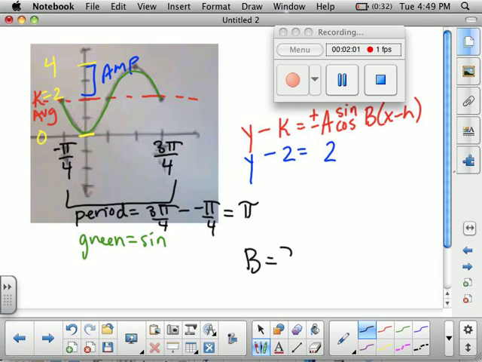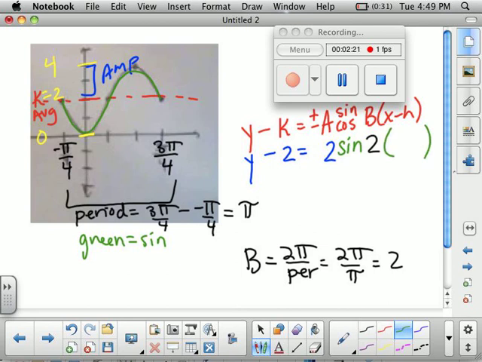The b value can be found by taking 2 pi over the period, which will be 2 pi over pi, which gives us 2. So up in our equation, I'm going to put 2 there. Since I traced a sine curve to start with, I'm going to select the word sine. The only thing left in our equation is to figure out if my sine curve heads up or down.